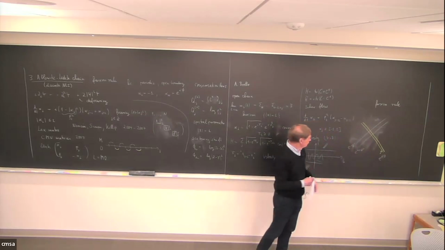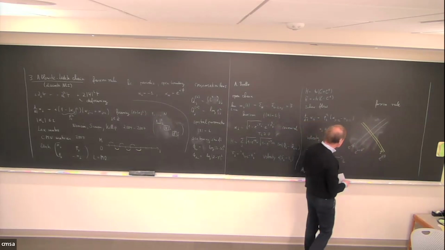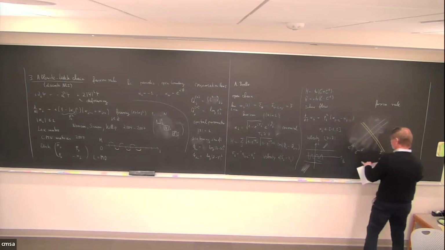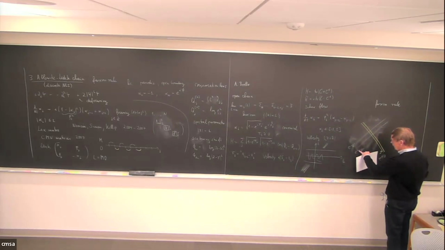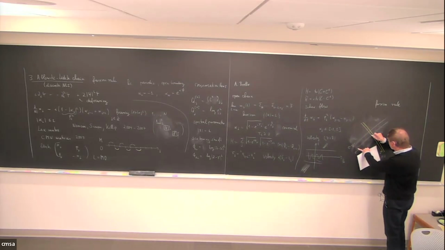Okay, and now the claim of the fusion rule is that what I should do is add the scattering shift. So I'm looking at this one, and now I get the scattering shift from this collision. Okay, that's fine, and then I should add it to the shift of the partner in this pair, right?